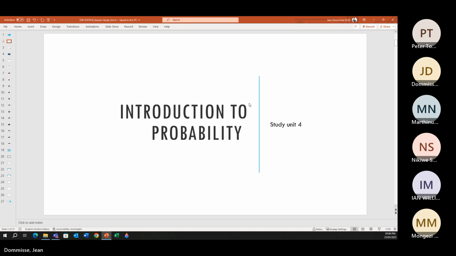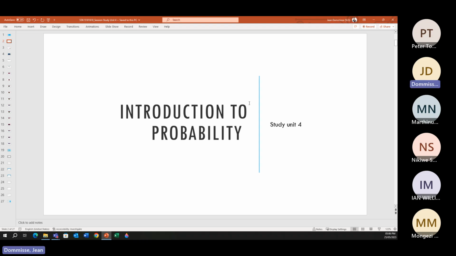So tonight we start off with just the principles behind probability. Then we will go into different distributions of probabilities.